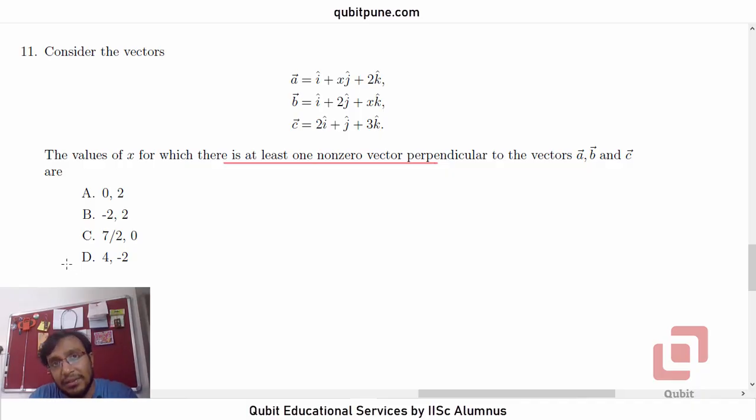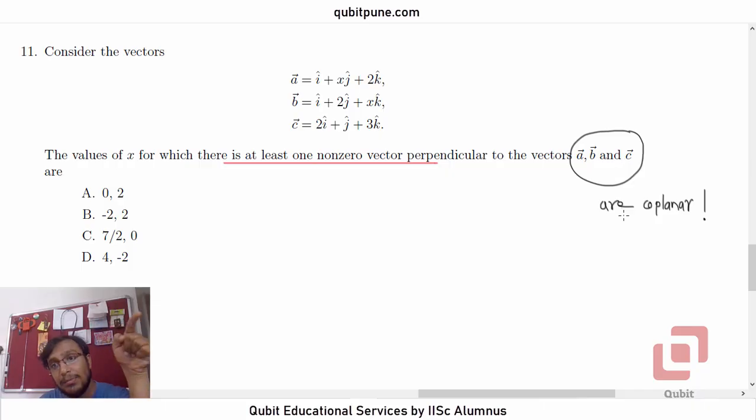Now this problem is based on the fact that if we want a non-zero vector perpendicular to 3 of them, then we must have the condition that A bar, B bar and C bar are coplanar. Only then you can draw a vector which will be mutually perpendicular to all 3 of them.